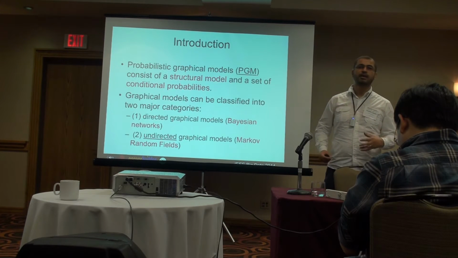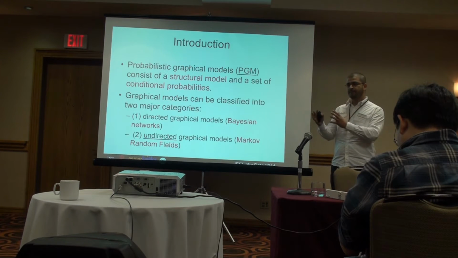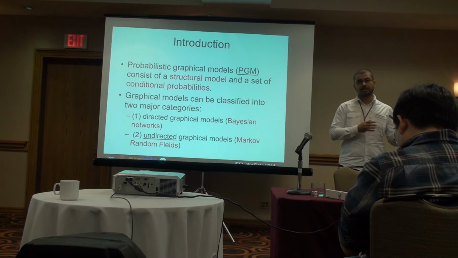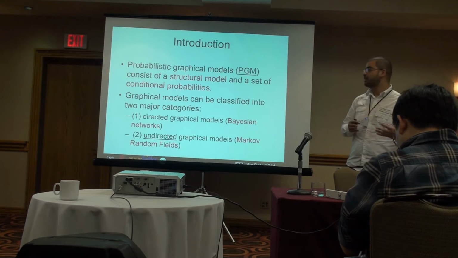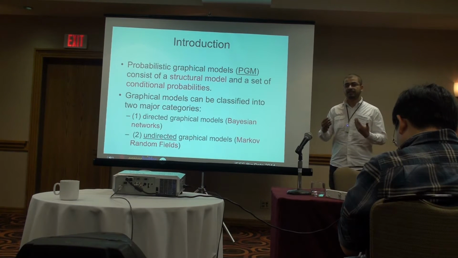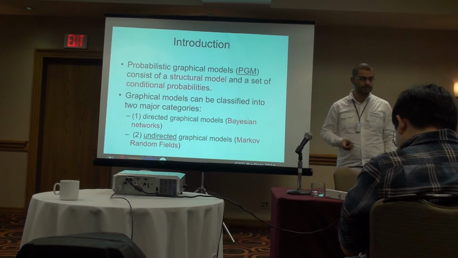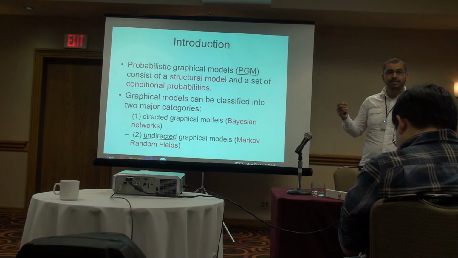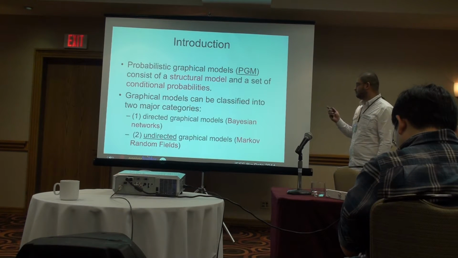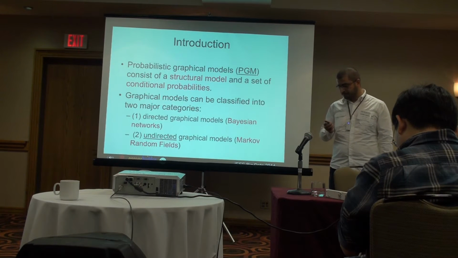The probabilistic graphical model is composed of two parts: the graph, which represents the relationship between the random variables, and the conditional probabilities, which represent the calculated conditional probabilities between the different random variables. So we have two major categories under the probabilistic graphical models. One of them is the Bayesian network, and the other one is the Markov field.